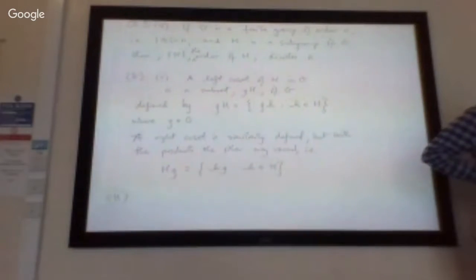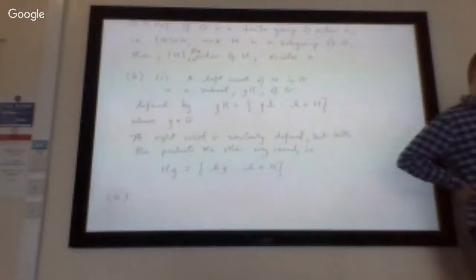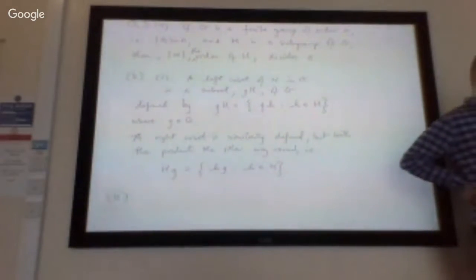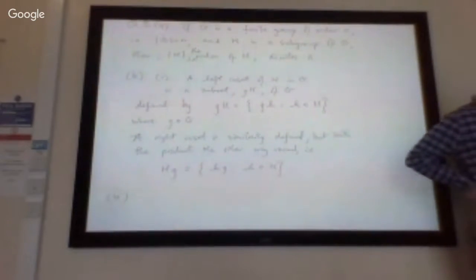So we focus on left cosets, and this question is asking you to prove that the 2 left cosets, G1H and G2H, are either equal or disjoint.